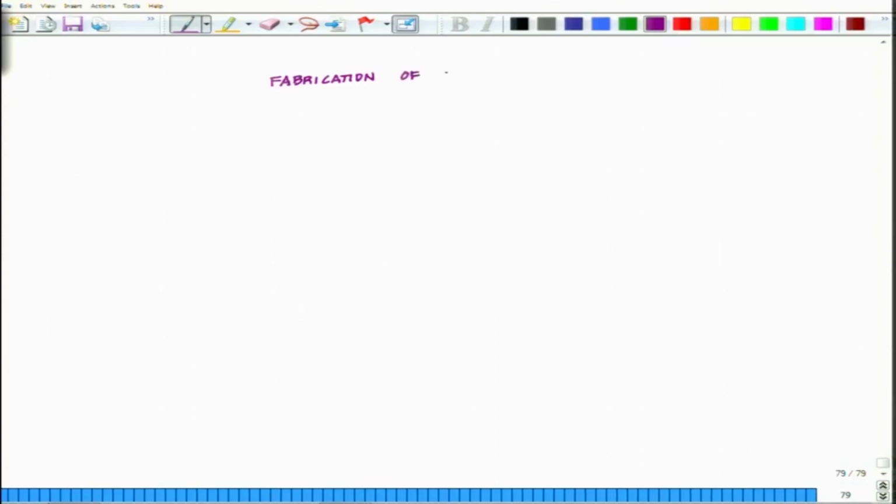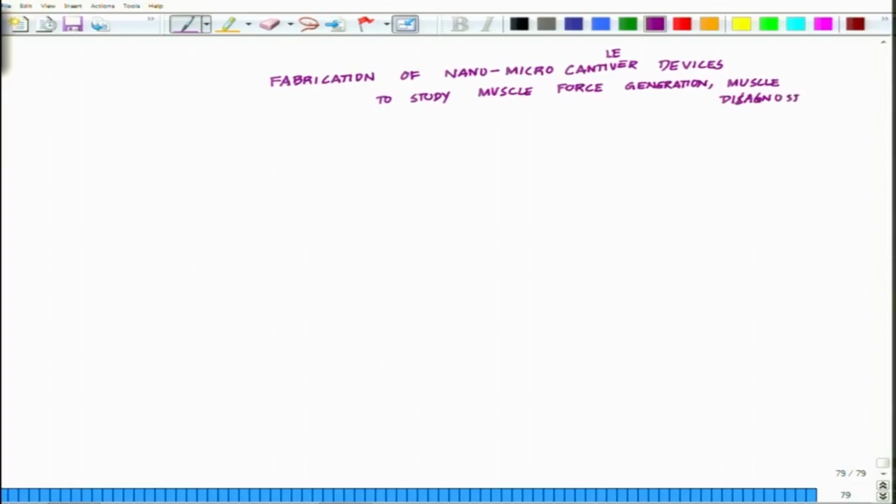Fabrication of nano, micro, depending on what size you are going for, the aspect ratio, cantilever devices to study muscle force generation, muscle diagnostic.